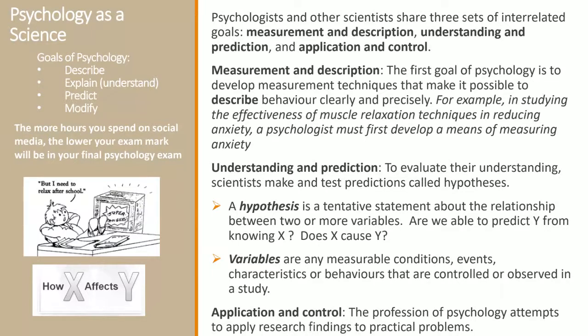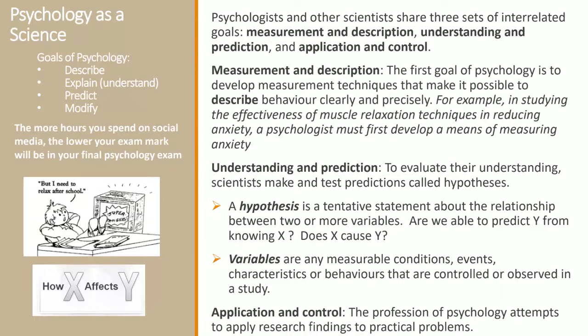So if we've got two variables, X and Y, and we take X as our muscle relaxant, are we able to predict the anxiety, or does X cause Y? So that's what a hypothesis is. And all psychologists, when they're going into research, will start with a hypothesis. It's a tentative statement, and the goal of research is to either prove or disprove that hypothesis.